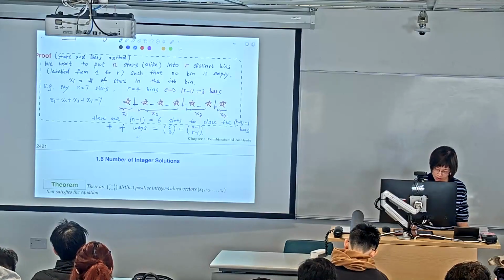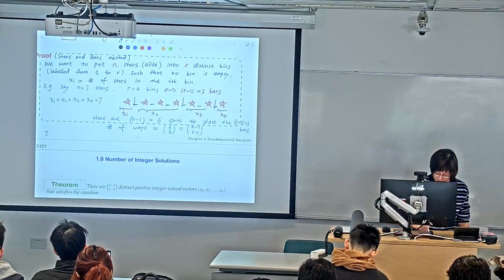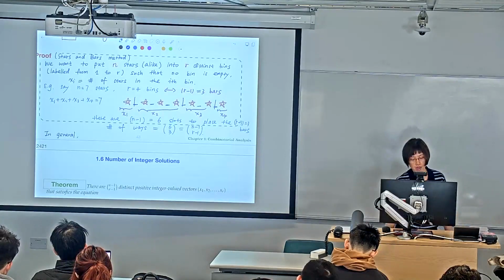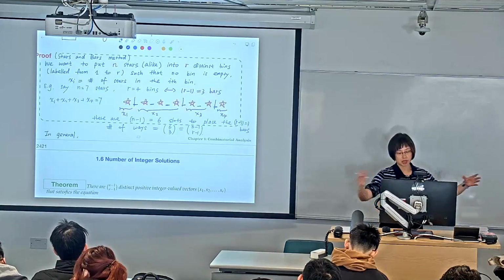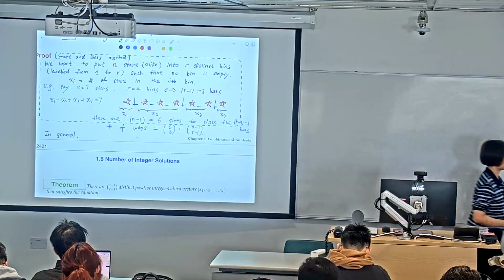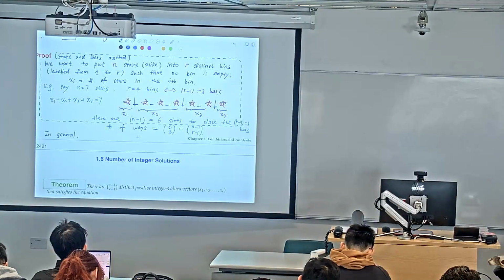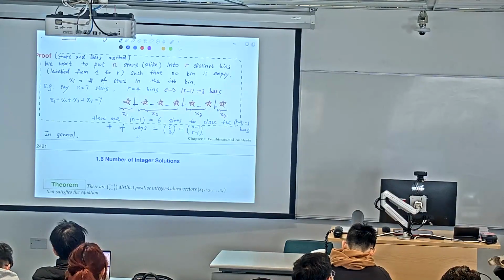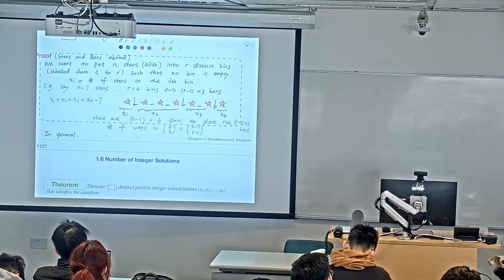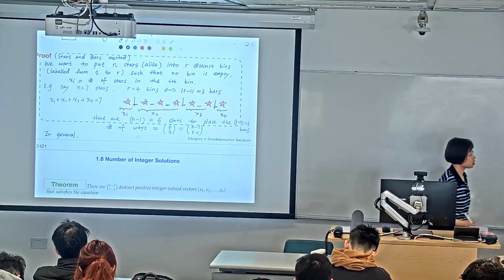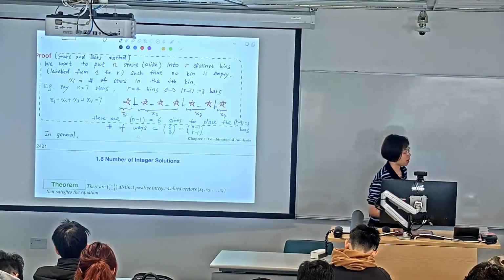And you can generalize from this example. In general, we have n stars. We put them in a line and consider the slots. Specifically, we have n minus 1 slots because we don't want any bin to be empty, so we cannot place the bars at the very beginning or the end. So we have n minus 1 slots in which to place r minus 1 bars.